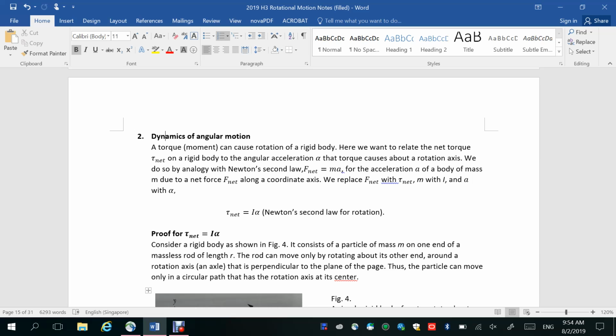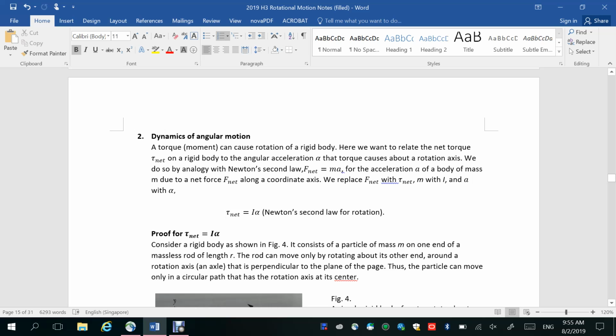Then for Newton's second law, in linear motion we have F equals ma, but in angular motion, we use torque, which is I alpha, where I is the rotational inertia and alpha is the angular acceleration. Instead of force, we replace it by torque.